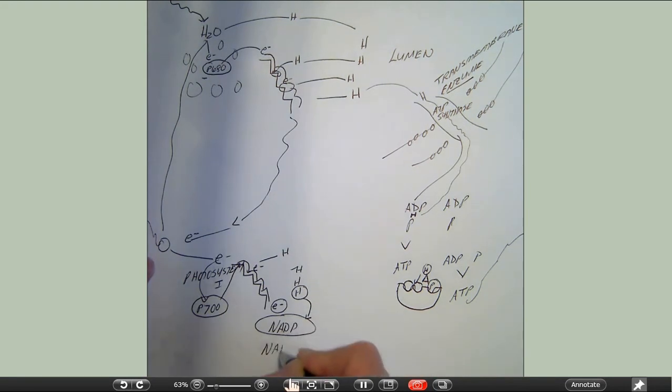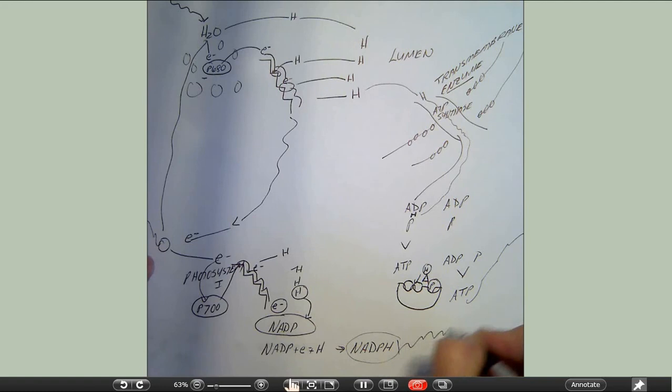So NADP plus the electron, which will act as the glue, will add that hydrogen to the end, and we will end up with an NADPH molecule. That molecule then, just like ATP, will float away by way of the vesicle until it's needed. This one is even better than ATP because when you break it down, you get 3 ATP molecules.